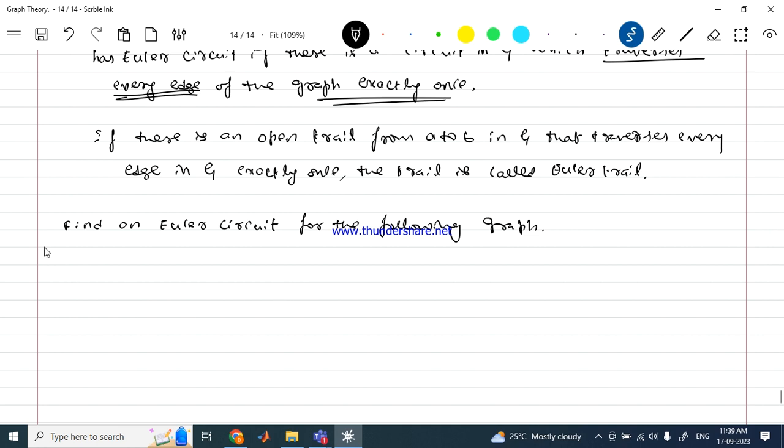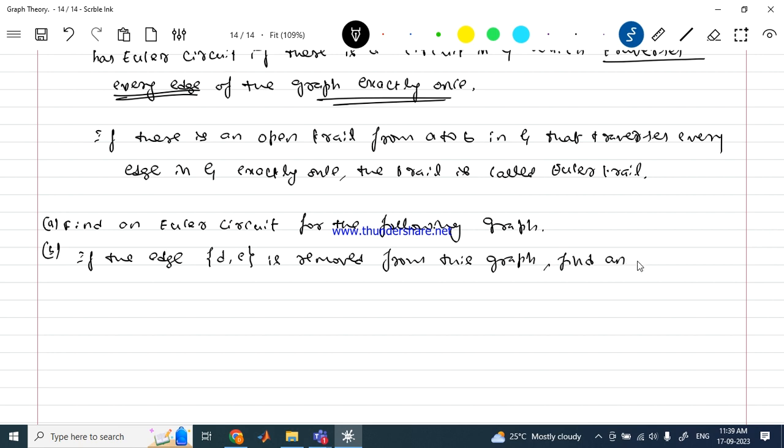This is the first question, and the second question is, if the edge D comma E is deleted, this D comma E is removed from this graph, find an Euler trail for the resulting graph, for the resulting subgraph.